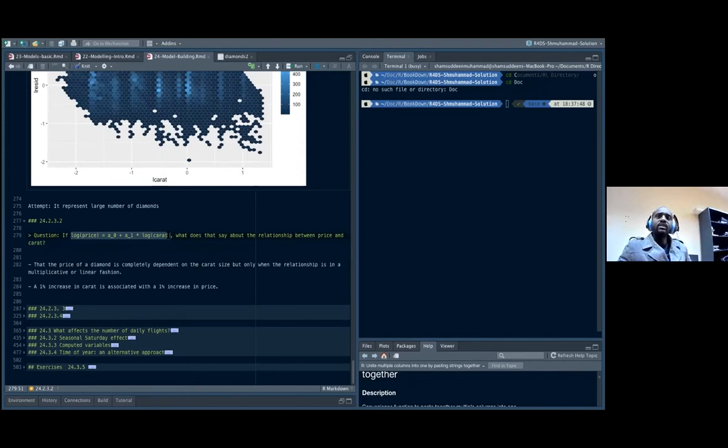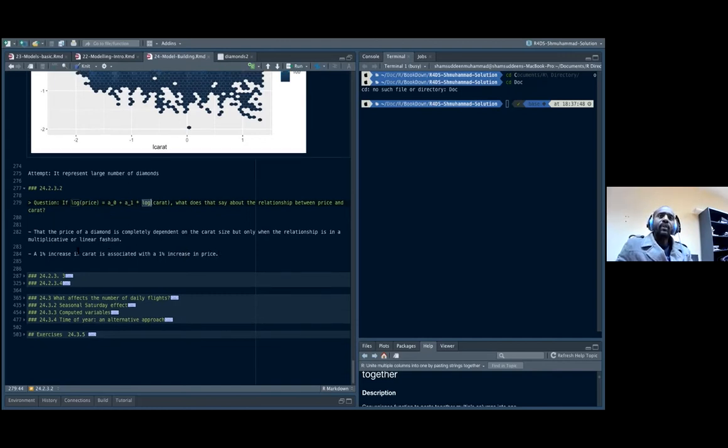So this is telling us there is a linear relationship between the price and the carat, which is the size. And also, as you can see, a 1% increase in carat is associated with a 1% increase in price. So this is basically what this relationship is.